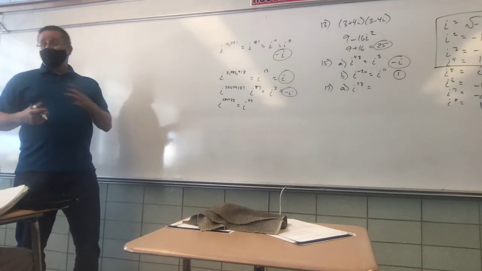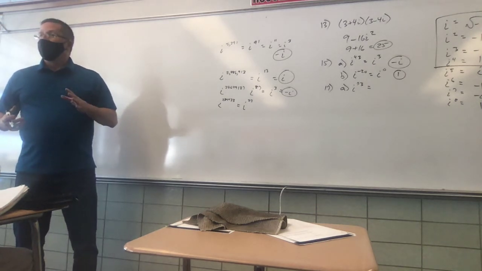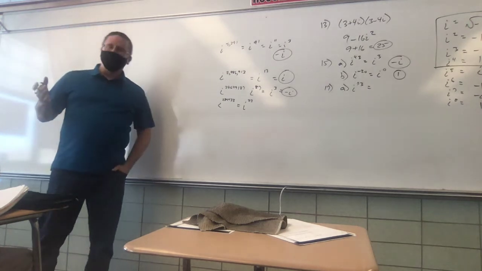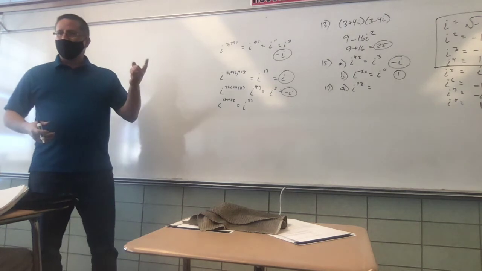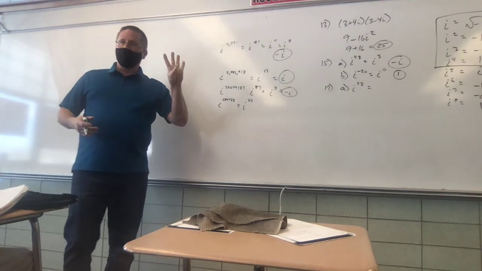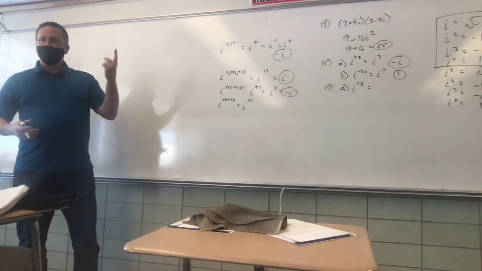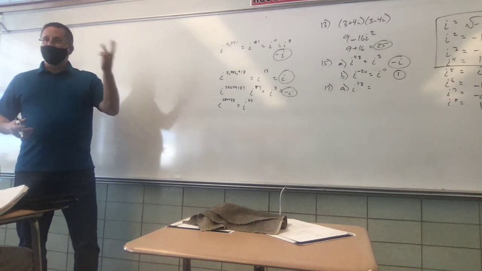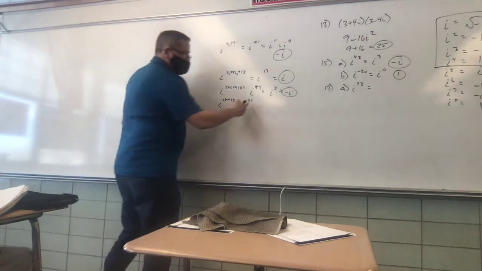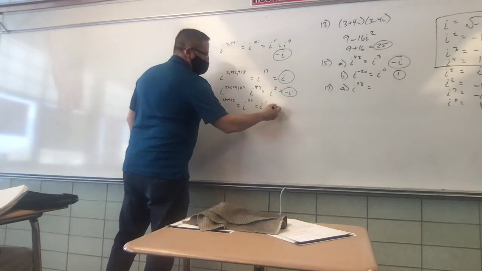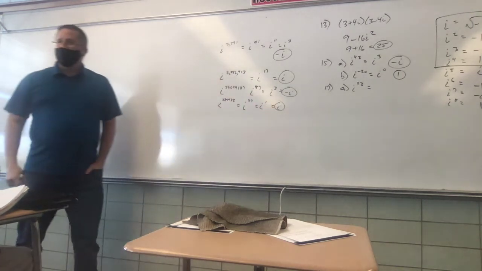Let's count by 4s, we're just doing our times tables here. 4, 8, 12, 16, 20, 24, 28, 32. Just count by 4s. So chop off 32, you're at 1.